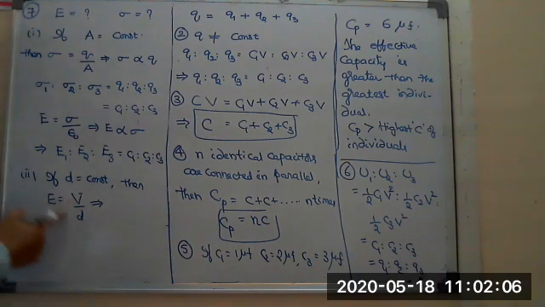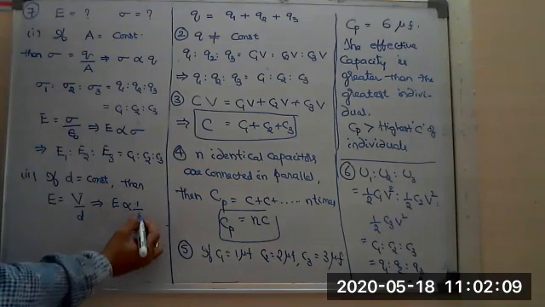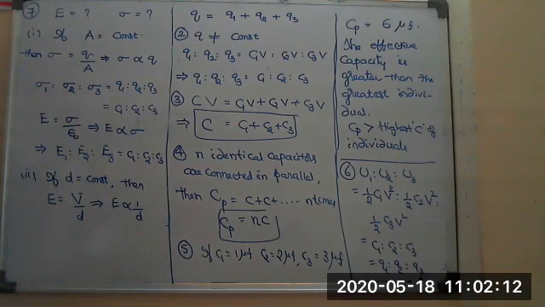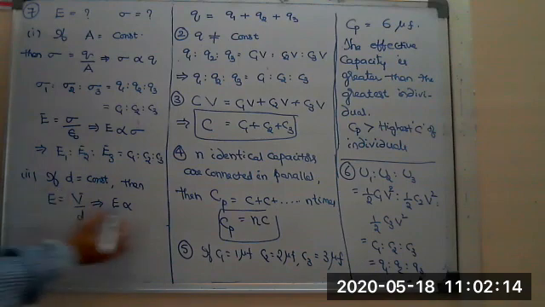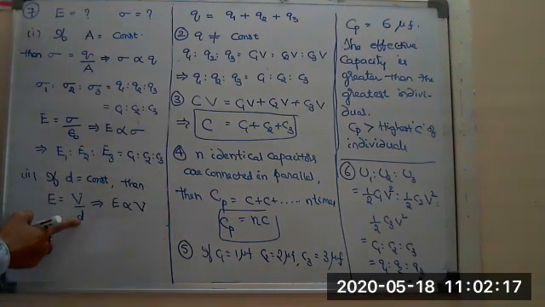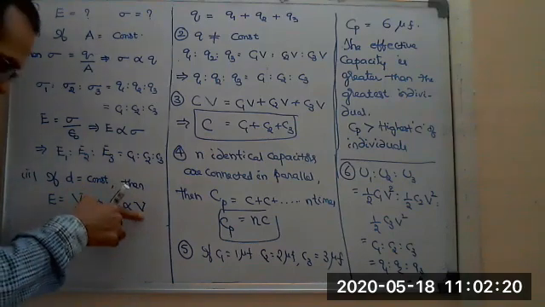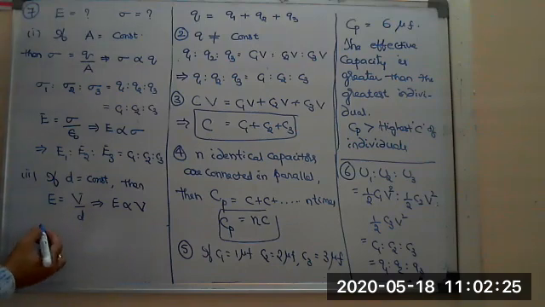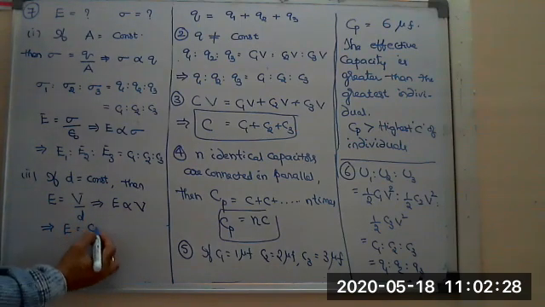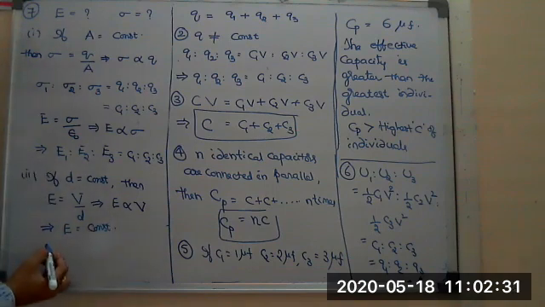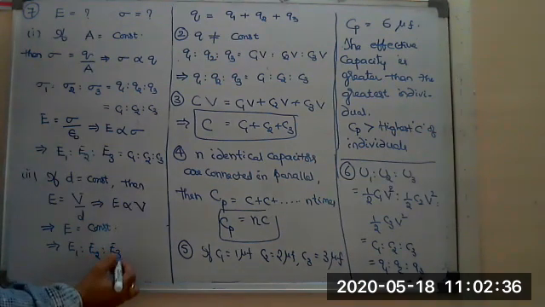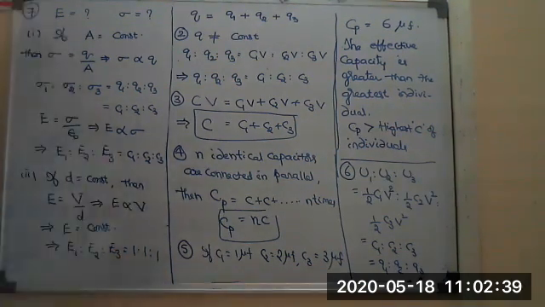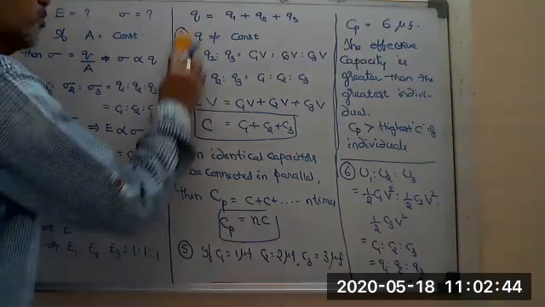E is inversely proportional to D, sorry, E is directly proportional to V. Here D is already given constant, and in parallel we know V is constant, so everything on the right-hand side is constant. That implies E is constant, so E1 is to E2 is to E3 equals 1 is to 1 is to 1. And the sigma ratio also you can write very easily here.